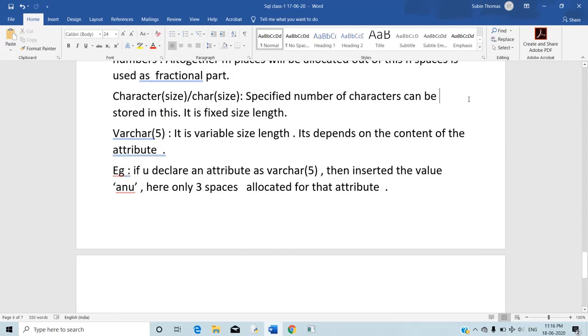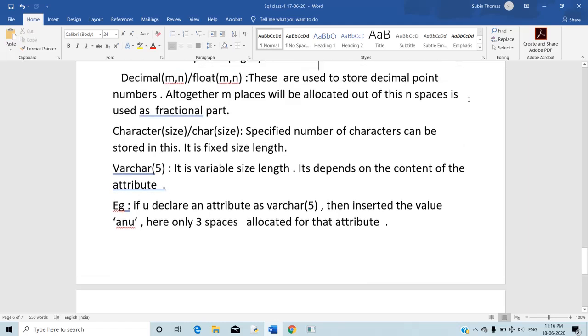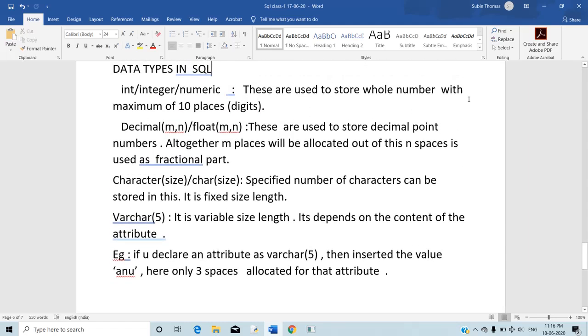Here we have int, integer or numeric. All three are the same. You can use either int, integer or numeric. These are used to store whole numbers. Whole number values can be represented by using either int, integer or numeric.